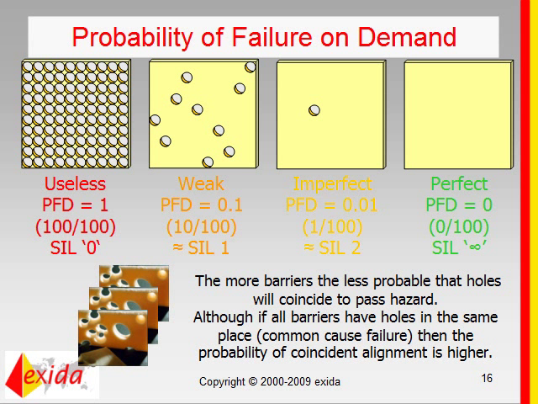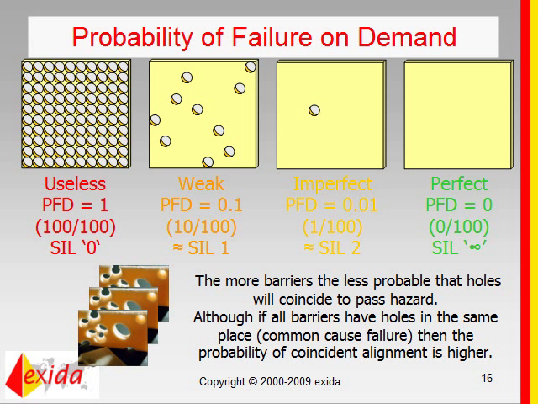If you look at the layers of protection from the Swiss cheese perspective, the one on the left basically represents the Swiss cheese with a bunch of holes, which is pretty useless from a protection perspective. And that would equate to basically a probability of failure equaling 1, meaning it will fail every 100 out of 100 times, and it will be the equivalent of, let's say, a SIL 0.